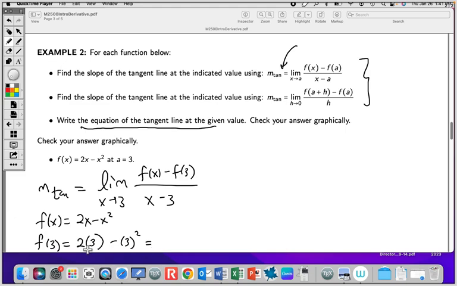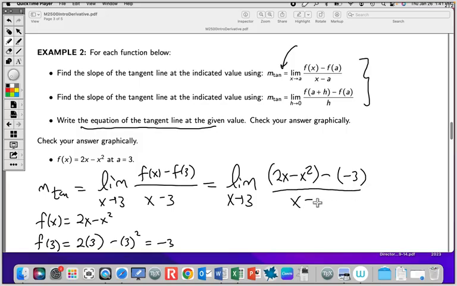And if I go through the arithmetic here, I've got a 6 minus 9, so that's a negative 3. So this would be the limit as x goes to 3 of 2x minus x squared, that's the f of x, minus the negative 3 divided by x minus 3.